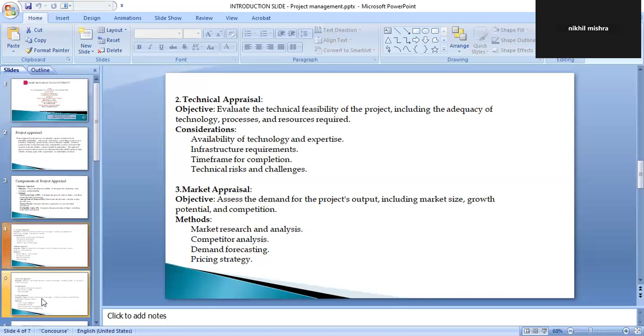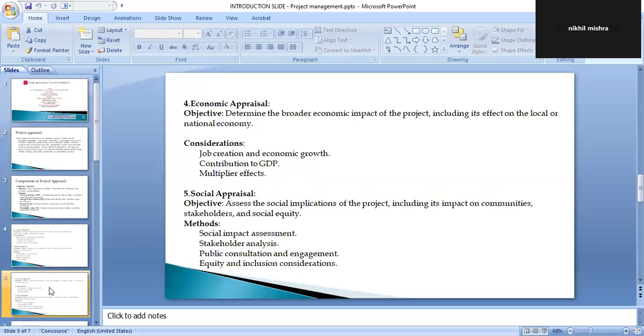Another component is the economic appraisal. This is also one of the important factors. Economic appraisal determines the broader economic impact of the project. In the long term, what will be the impact of that particular project on our economy, including its effect on the national economy, how much it is going to contribute to our national economy.